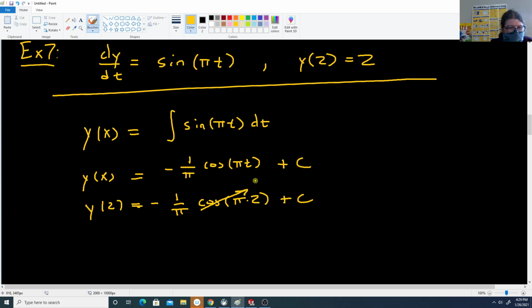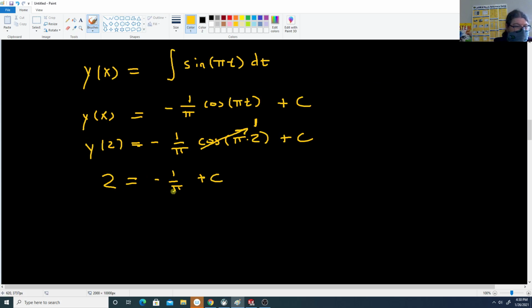That right there would be 1. Y of 2 is equal to 2. So we'd have 2 equals negative 1 over pi plus c. Because 1 over pi times 1 is just 1 over pi. So to finish this up, I would add this negative 1 over pi across the equals, and I'd get 2 plus 1 over pi is my constant.